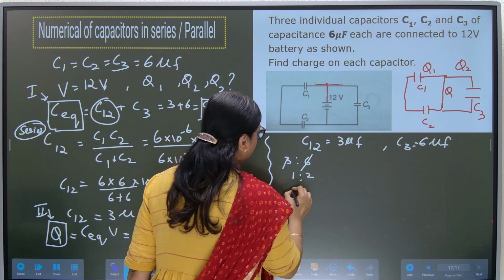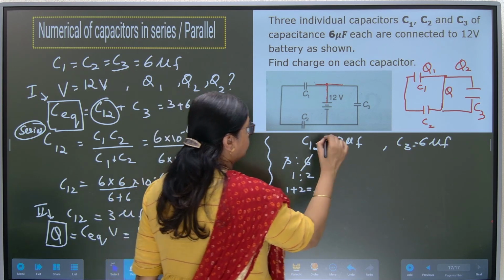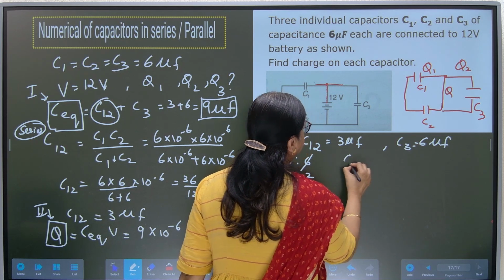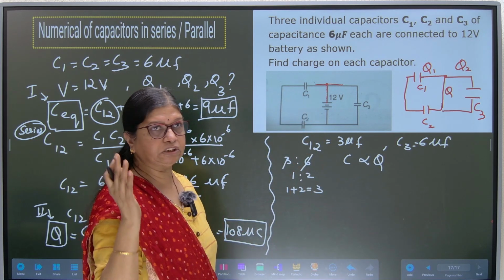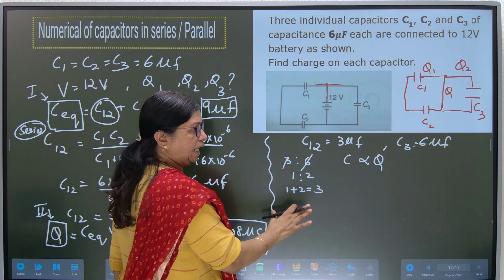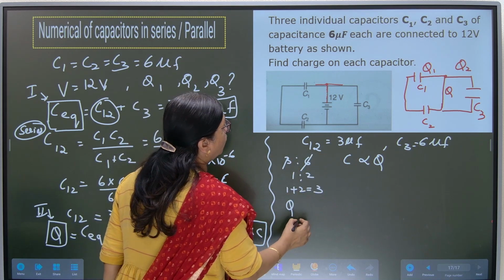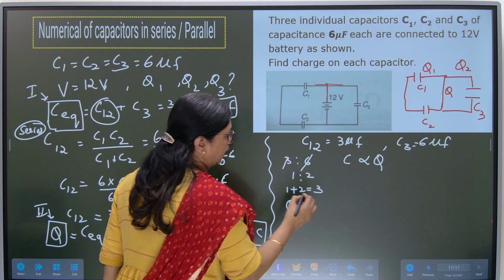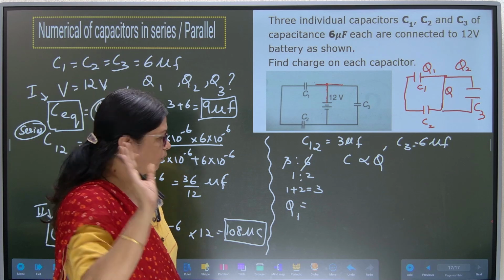Add them, so 1 plus 2 is equal to 3. Because of the theory that C is proportional to the charge, keeping the potential constant, we can say that Q1 is equal to how much capacitance, that much charge. C is proportional to Q.